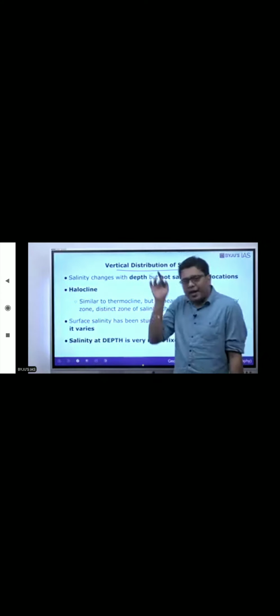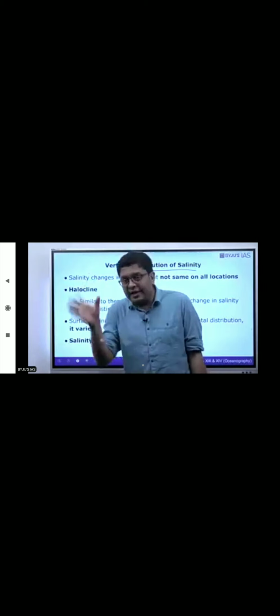The equator will have a lesser salinity as compared to the tropics, etc. At the bottom, wherever you are, salinity will be almost fixed. So that is why the variation of salinity from surface to the depth will vary. It will not be fixed because in the region of the tropics, the salinity at the surface will be very high, right?